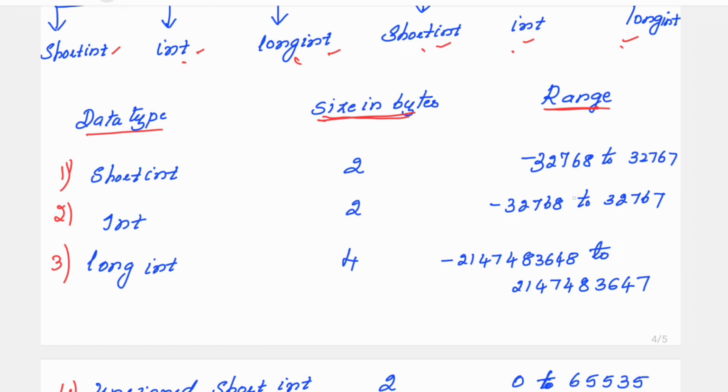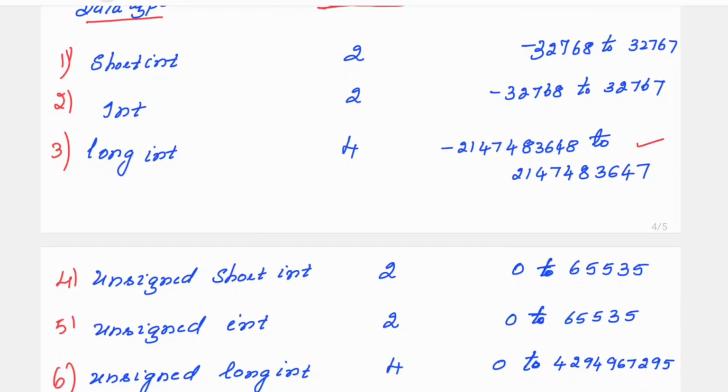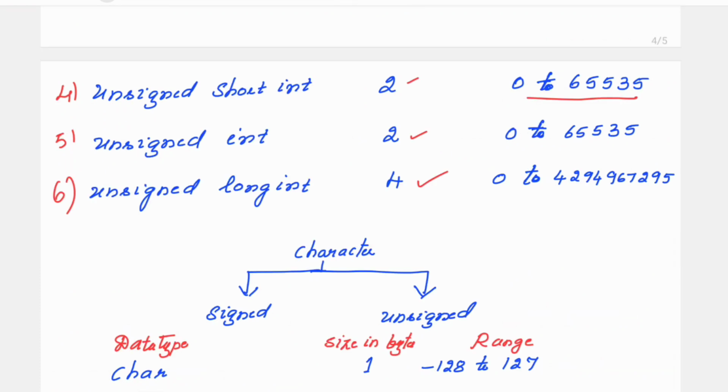Int occupies 2 bytes, hence the same range here. Long occupies 4 bytes. Then we have the range mentioned here. Then unsigned short int occupies 2 bytes. Unsigned short int takes only positive values, so the range is 0 to 65535. Similarly for unsigned int and unsigned long int. So these 6 rows get completed here.